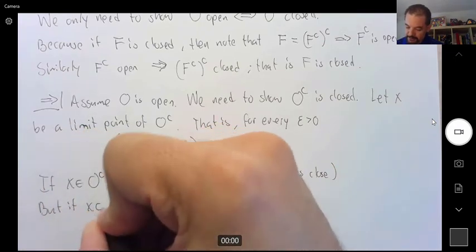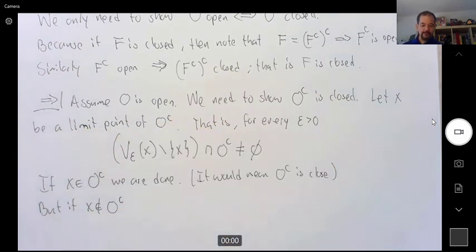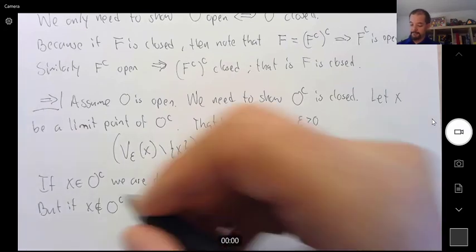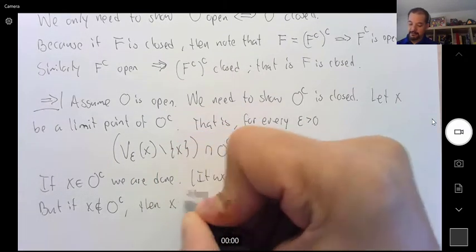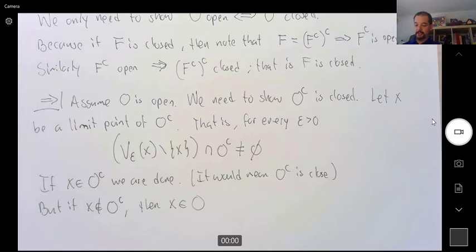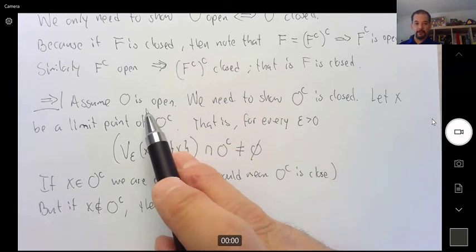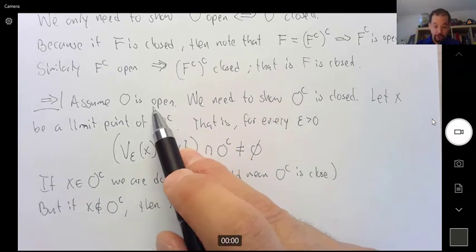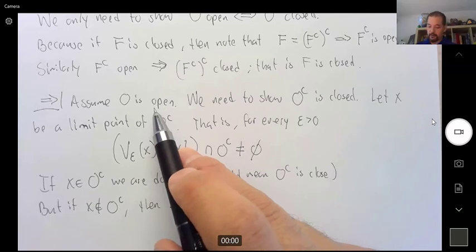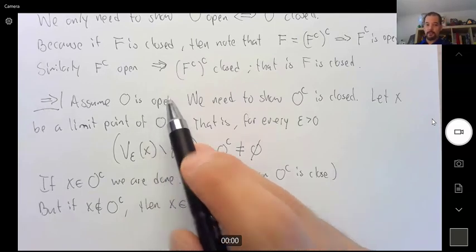So let's analyze what happens if that's not the case. If X is not in O complement, what is the meaning of not being in O complement? It's like a double negative, right? Not being in the complement actually means being in the set itself. And X belongs to O. Okay, and what do I know about O? Well, I know O is open. So I have to use the definition of open, otherwise I'm not getting anywhere. What is the definition of being open?